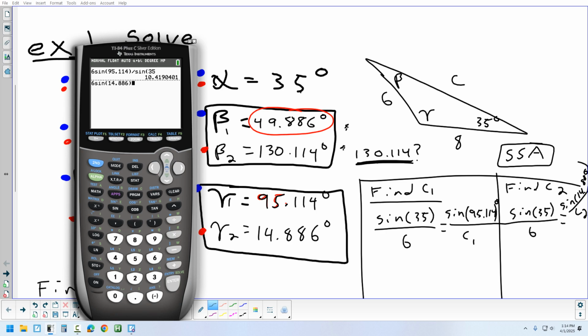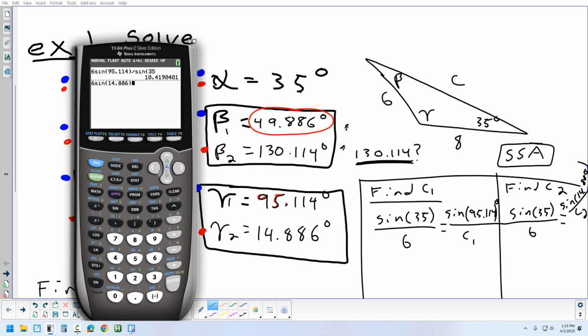Yep, so you're going to cross multiply, and then what about when you get C2 by itself? Like what we typed in when we got C1 by itself up above, I want to do the same thing now except for C2. What do we do after we cross multiply?